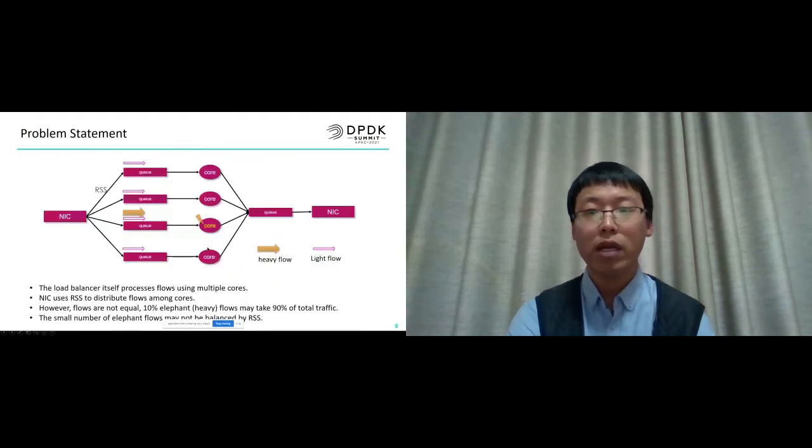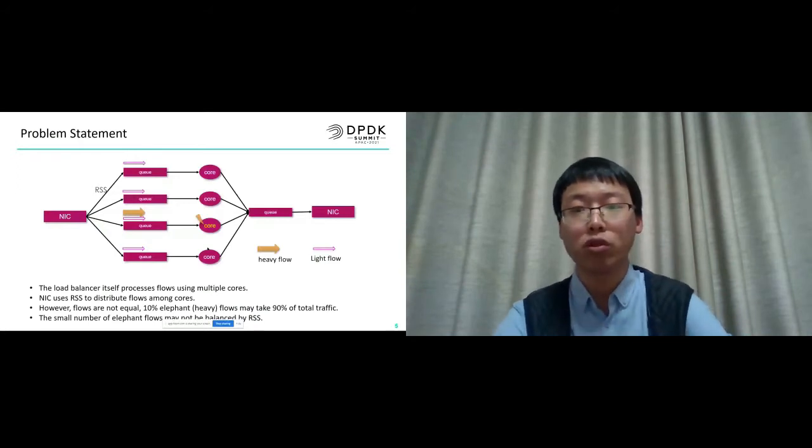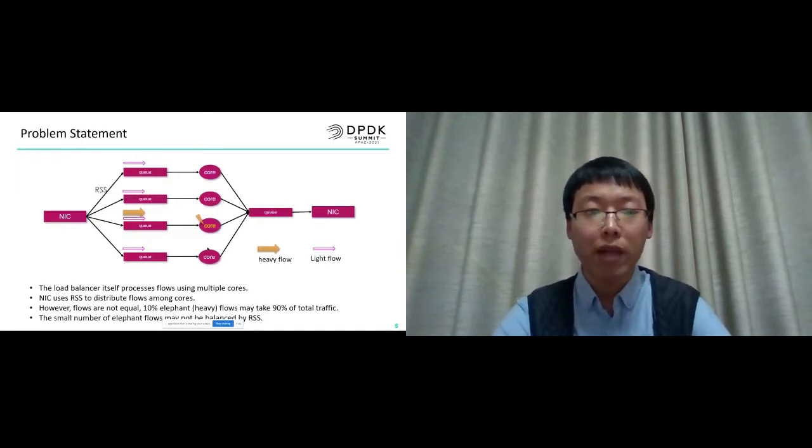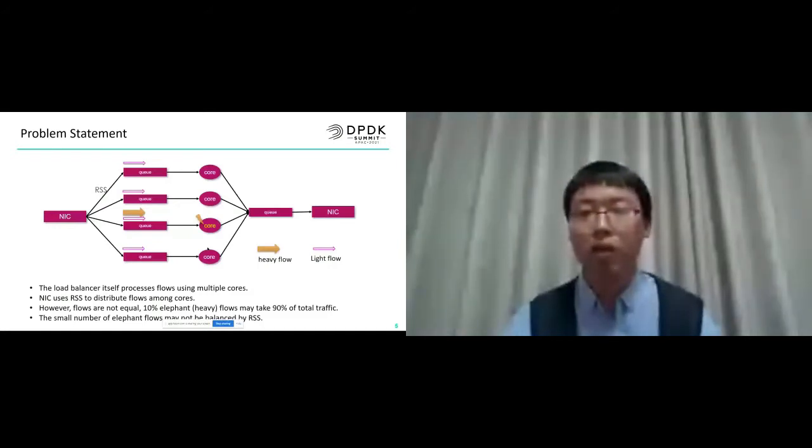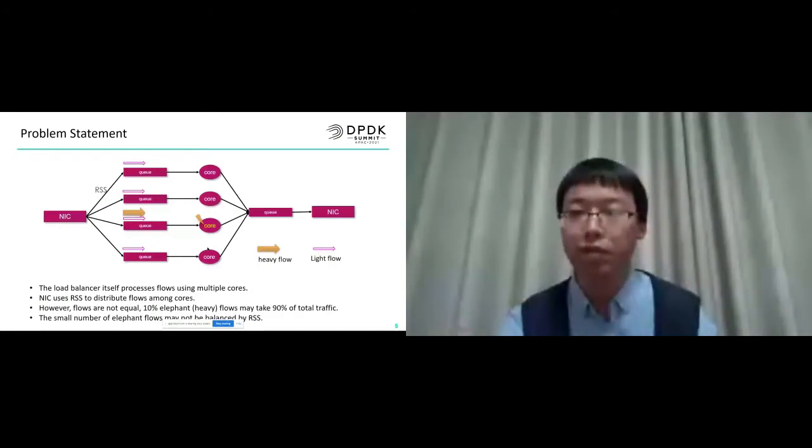Everybody here should be very familiar with this DPDK run to completion model. The load balancer itself processes the flows using the multi-worker core, each corresponding to a queue, and uses RSS to distribute the flows. However, flows are not equal. It is reported that 10% of the flows, we call them the elephant flows, may take 90% of the bandwidth.